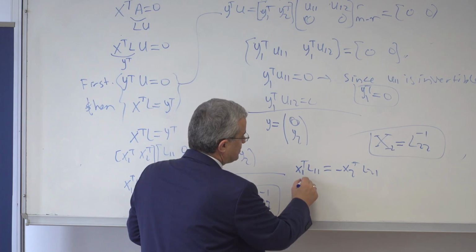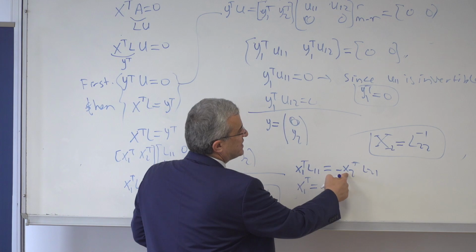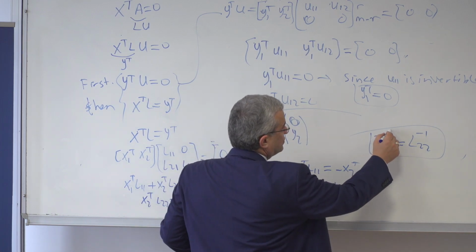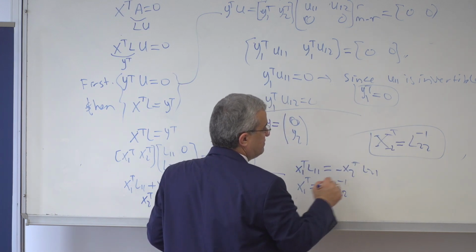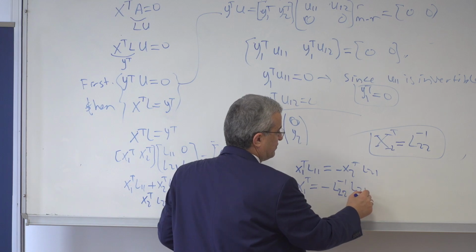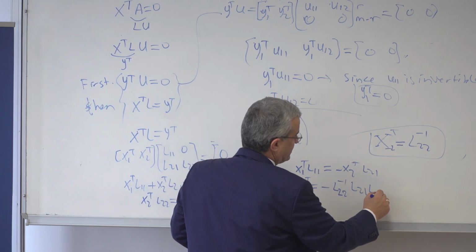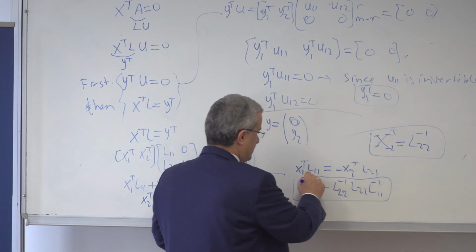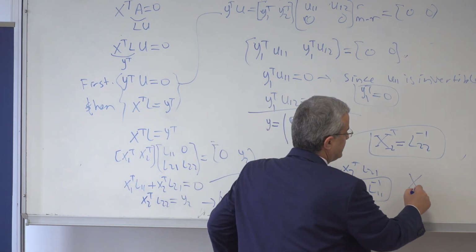So x1 transpose is equal to minus x2 transpose, what is that? L22 inverse L21, and you multiply with L11 inverse from the other side. That's it.